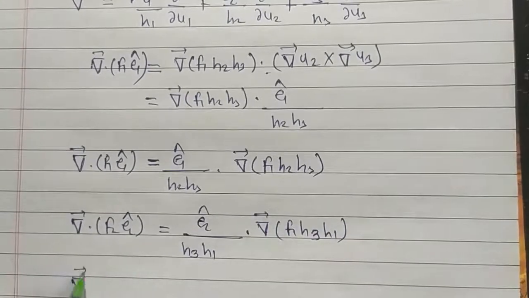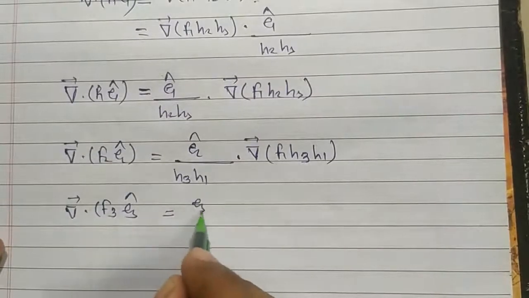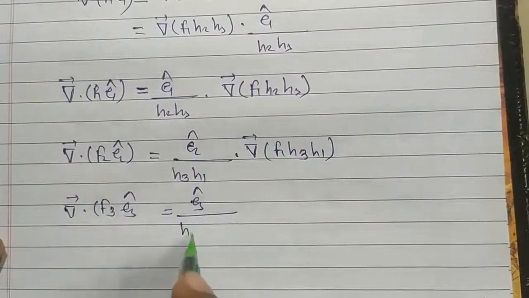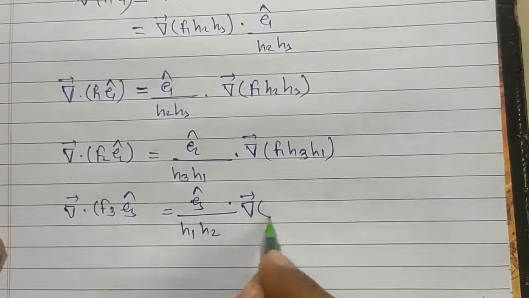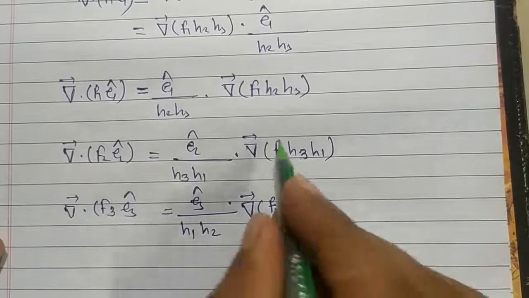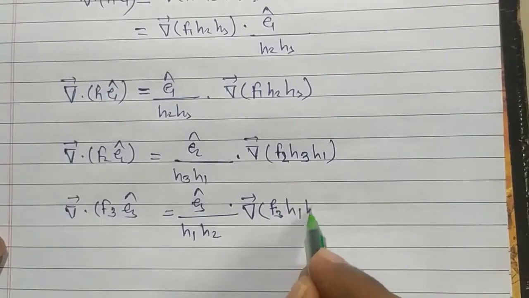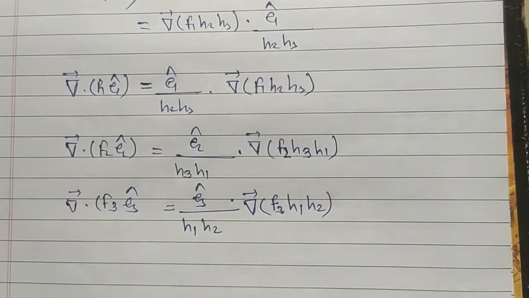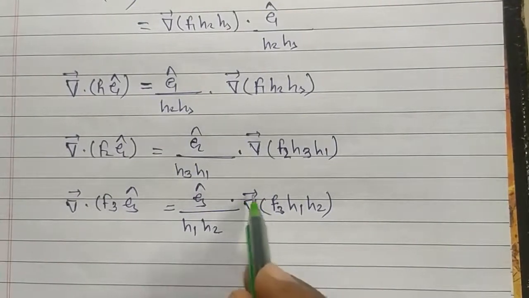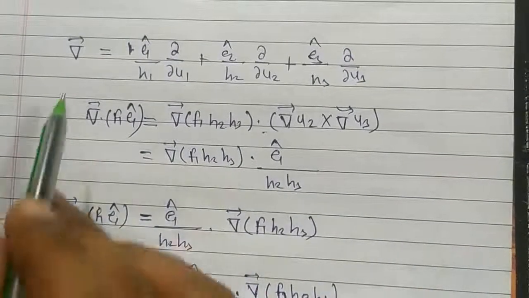For the third term, del bar dot f3 e3 cap, it will be e3 cap upon h1 h2 dot del bar f3 h1 h2. So these are the three terms which we have obtained. Well, we have an expression for del bar. Okay, so expression for del bar is this.